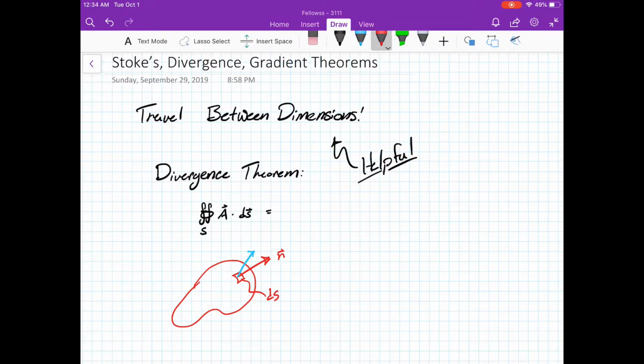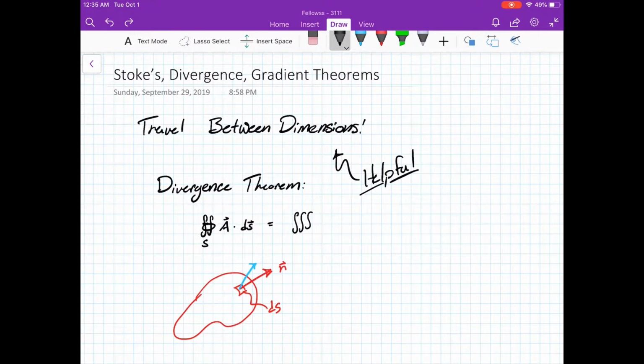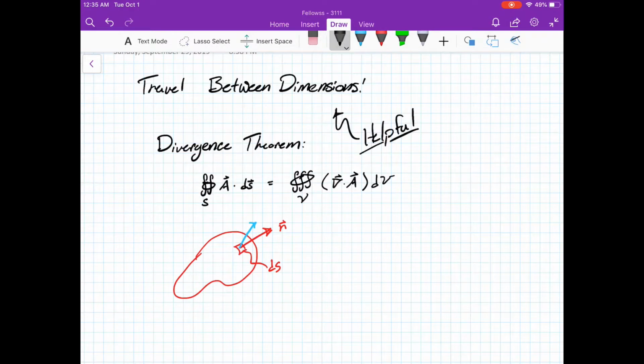We can do something very nifty where we just take the volume integral, right? Because a closed volume integral doesn't make a lot of sense, since it's always closed. But the volume integral of the gradient, sorry, not the gradient, the divergence of this vector field, right? And this kind of makes sense. In both of these, we're saying how much of this field is moving out of this surface, right?